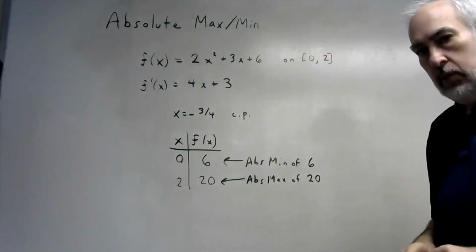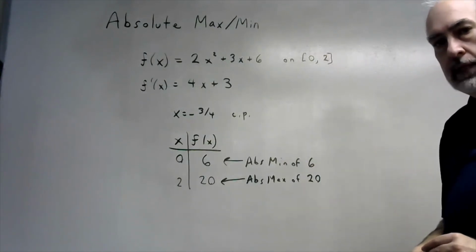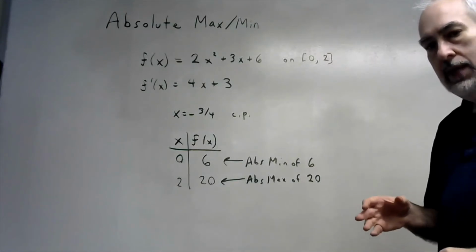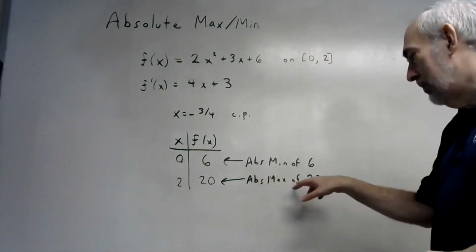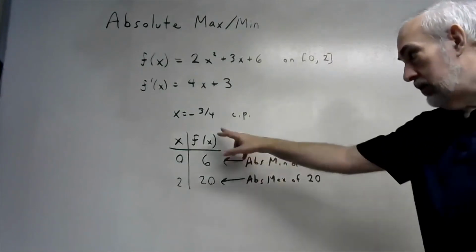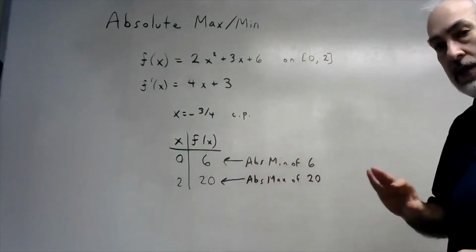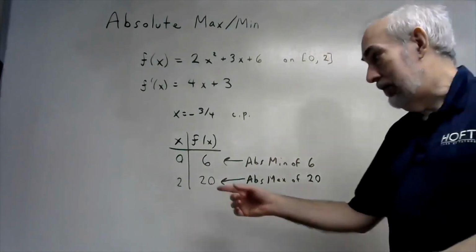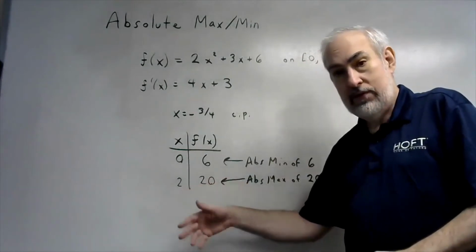Be very careful whenever they're explaining what the maximum or minimum is. If they say the absolute maximum is, or an absolute maximum of 20, that's the y coordinate. That's the value of f of x. If they ever say that you have an absolute maximum at x equals 2, then that's the x coordinate.